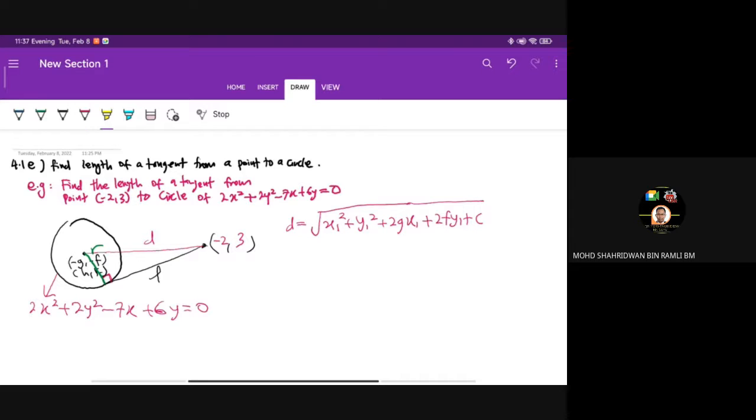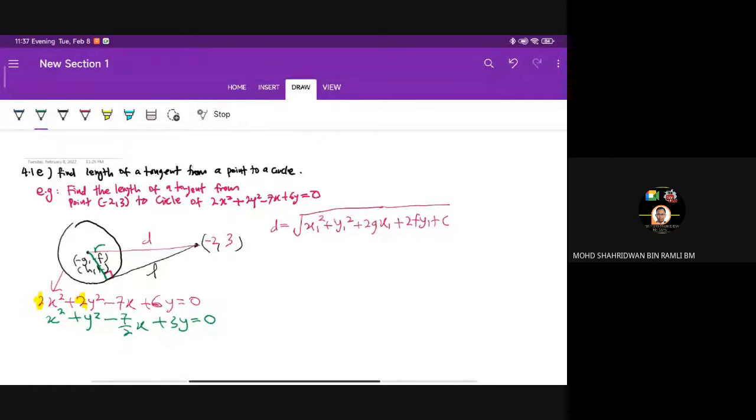Since it's not in the general equation form, because there is a coefficient 2 on x squared and y squared, we need to divide by 2. So it will be x squared plus y squared minus 7 over 2 x plus 3y equals 0. So this is the general equation.